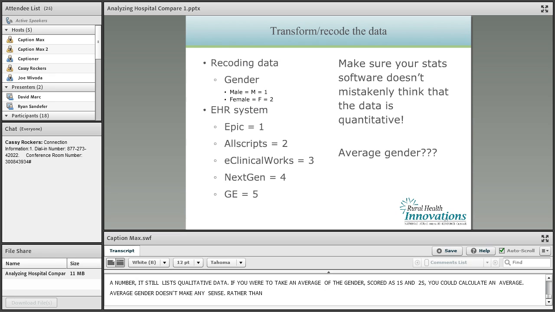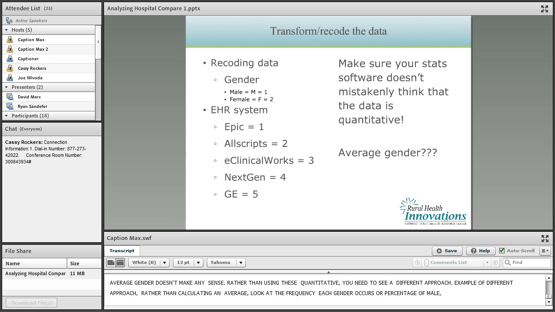For instance, you might have age or length of stay. A value of 0 really is interpreted as the lack of. A length of stay of 0 is the lack of a length of stay. They're only there for 0 days.